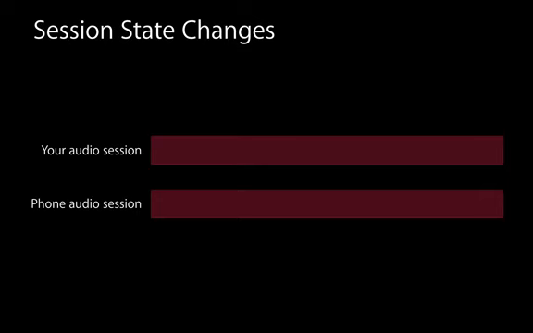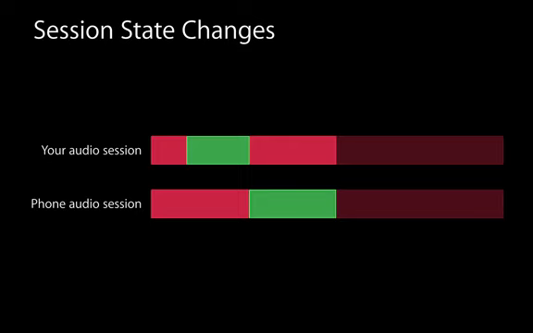So then the phone starts ringing. We get interrupted, the system sends us an interruption event. The phone's audio session becomes active and plays the ringtone. And the user decides to accept the call. So the phone's audio session stays active, and our audio session has been interrupted, so we're inactive. And then the user ends the call, hangs up, says goodbye.